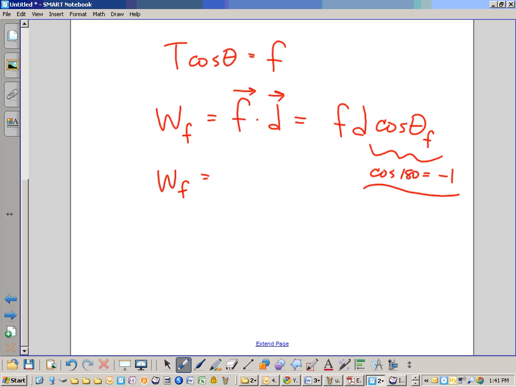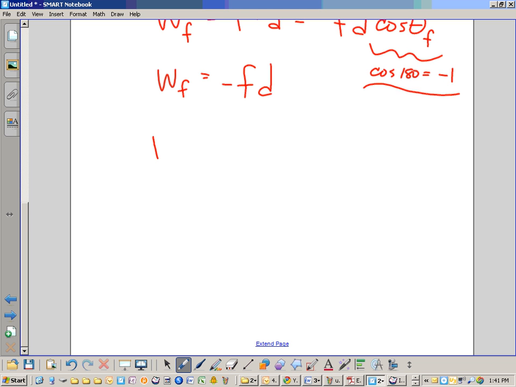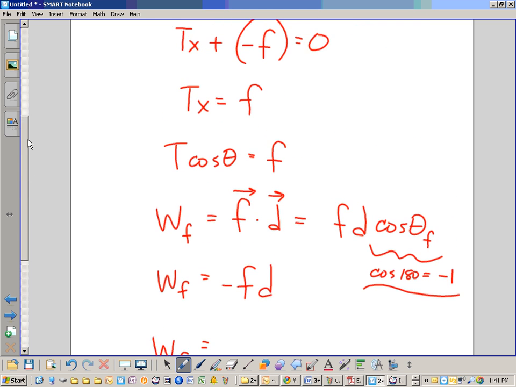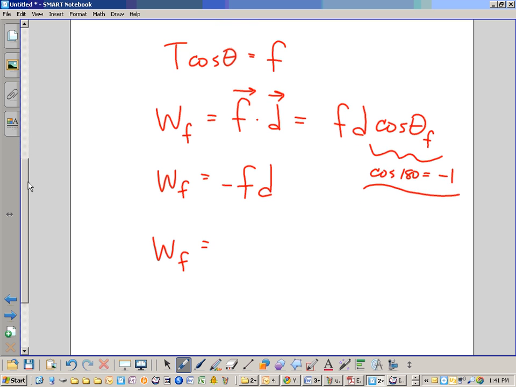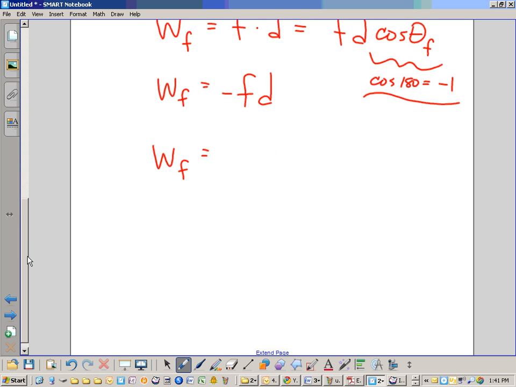Negative 1. Good. So we're going to put that in here. We're just going to say negative F d, but we know that friction is equal to T cosine theta from up here. So we have T cosine theta times distance, negative.